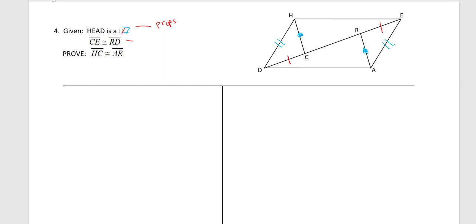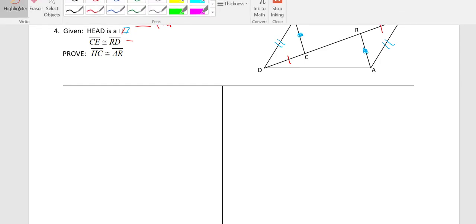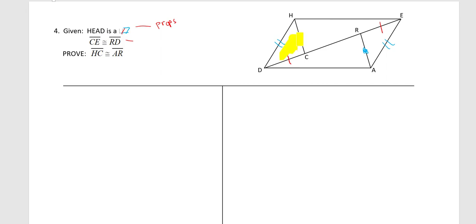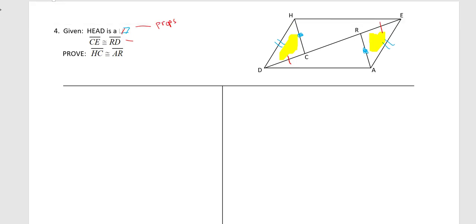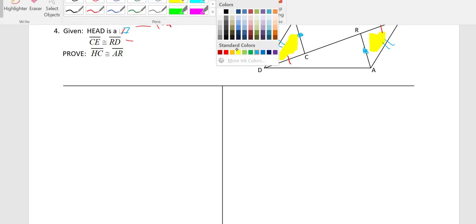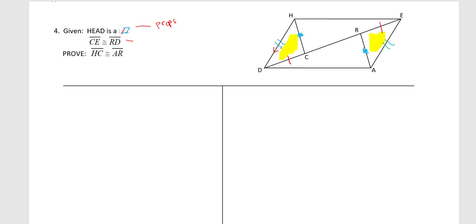So hopefully you can see from all the action going on there that we're trying to prove that these two triangles are congruent to each other. And perhaps you can see also that because you have parallel lines here, these angles are alternate interior angles, and so the triangles are congruent to each other.